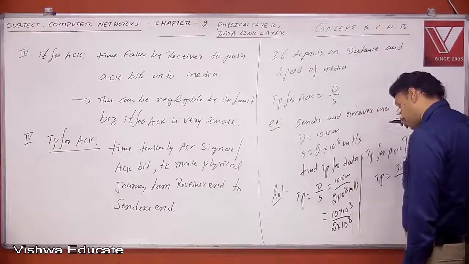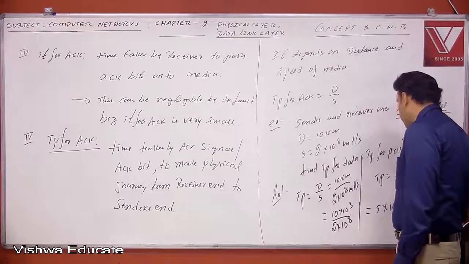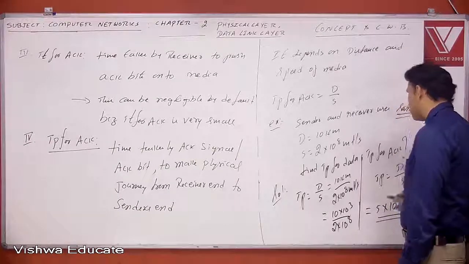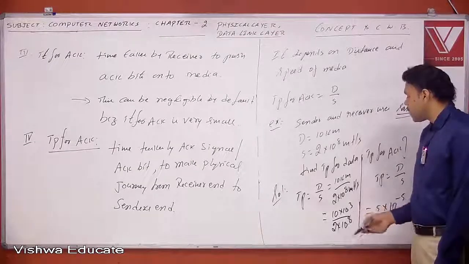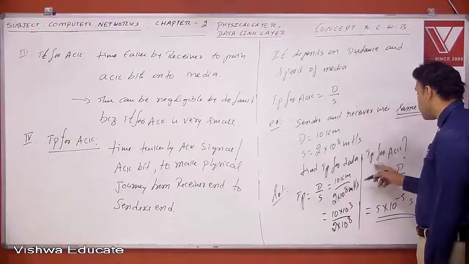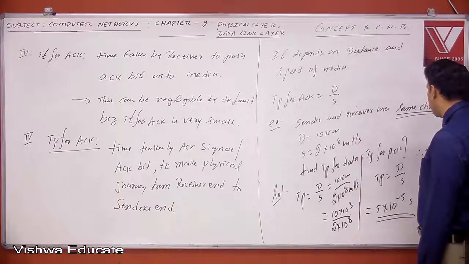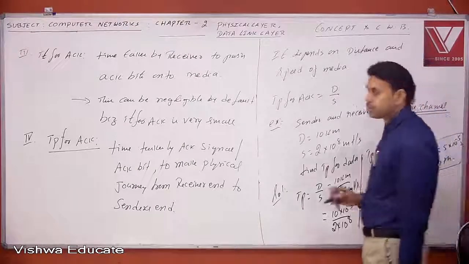Finally, the answer is 5 into 10 power minus 5 s. So what do we understand? TP for data is 5 into 10 power minus 5 s, TP for acknowledgement is 5 into 10 power minus 5 s. Therefore, TP equals 5 into 10 power minus 5 s for both, because both use the same channel.